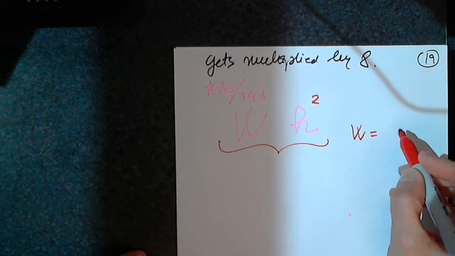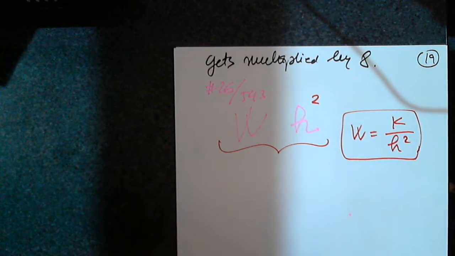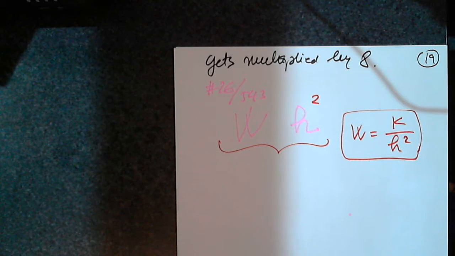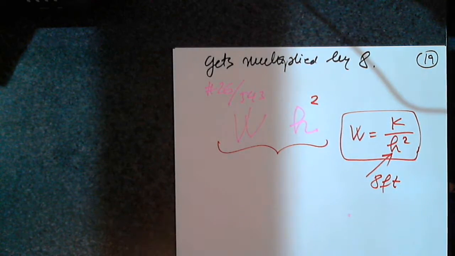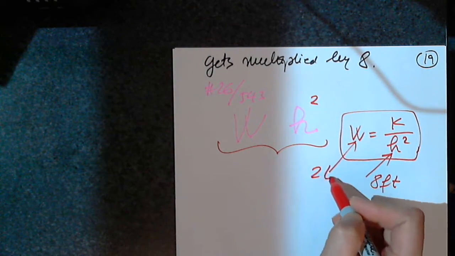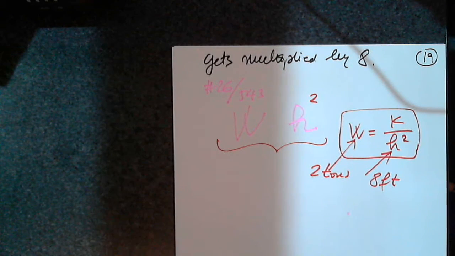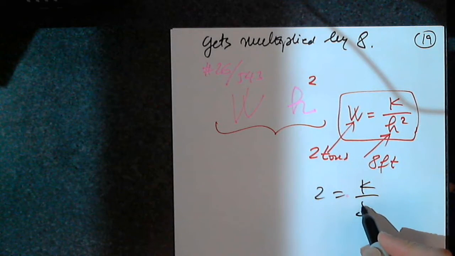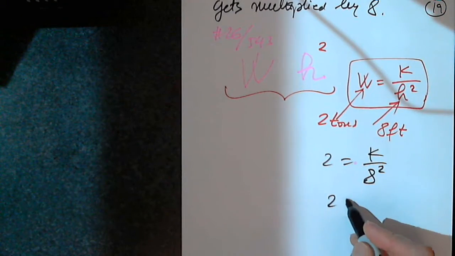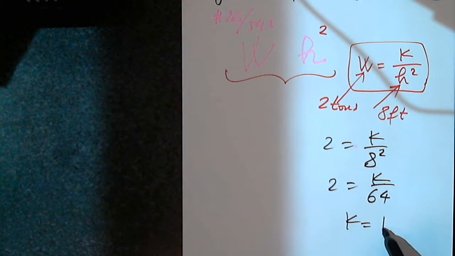You said W equals K over h squared. Excellent. Now I read on, and it says, if an 8-foot column can hold 2 tons, then 2 equals K over 8 squared, or 2 equals K over 64. So then K equals 128.